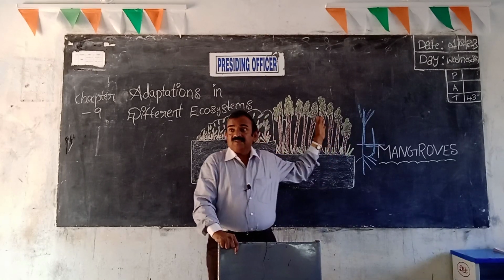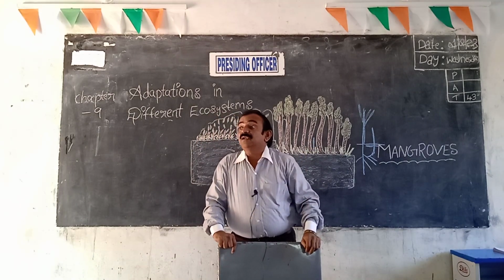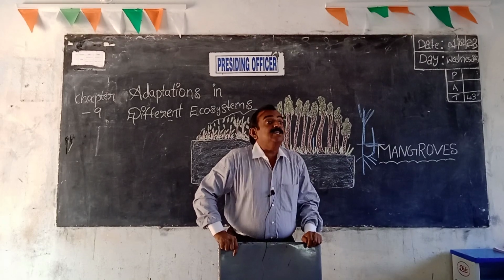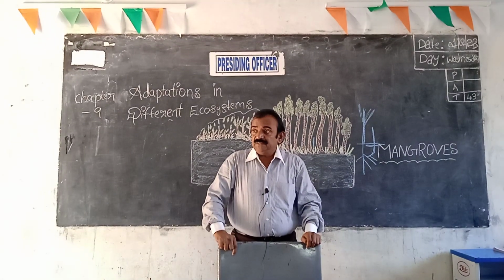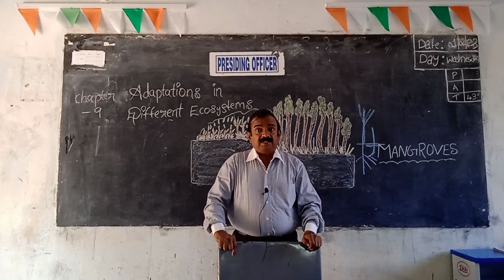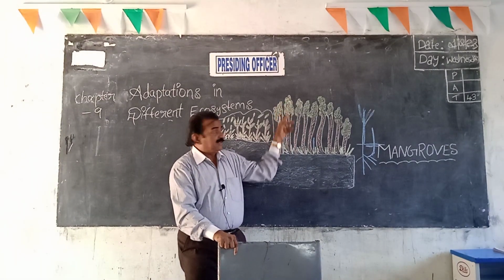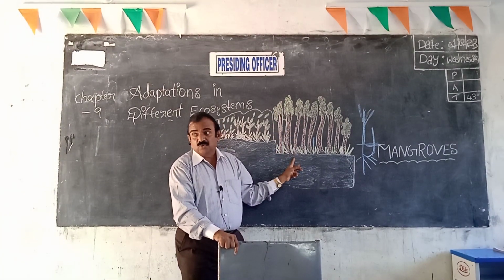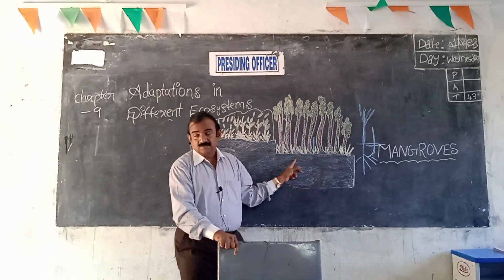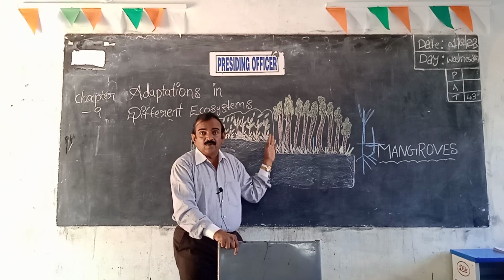In the same way, these pneumatophores have many pores, and these pores are useful for respiration. Bhavesh, these pneumatophores are helpful for what purpose? Respiration. So mangrove plants perform respiration with leaves, with stem, and also with roots. Aerial roots are called pneumatophores. This type of adaptation we generally observe in mangrove plants.